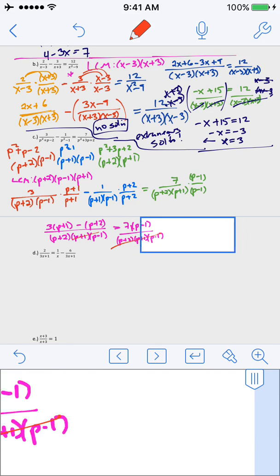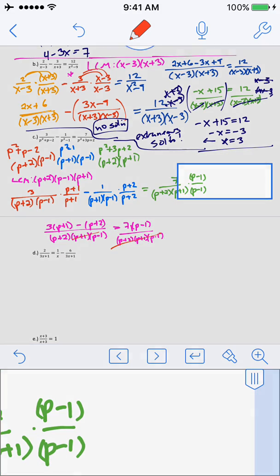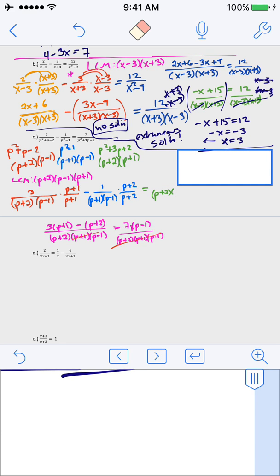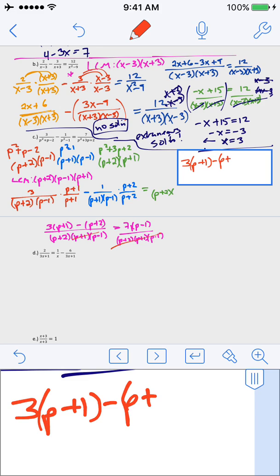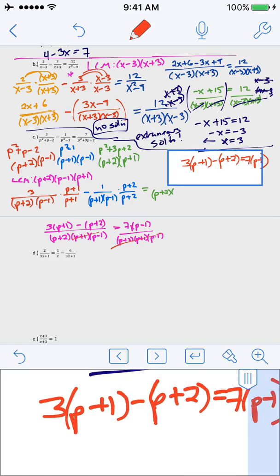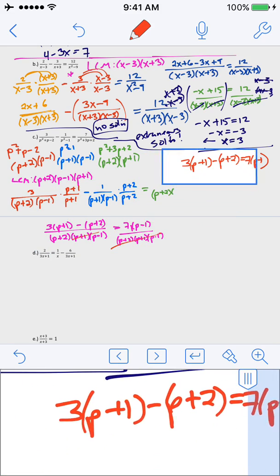I end up with 3 times p plus 1, minus p plus 2, is equal to 7 times p minus 1. Those are the numerators after I dealt with the denominators.